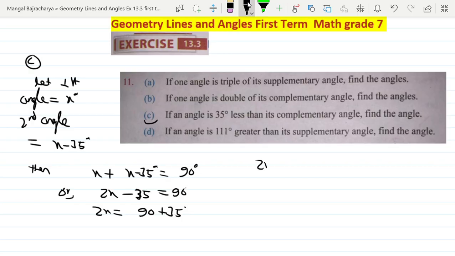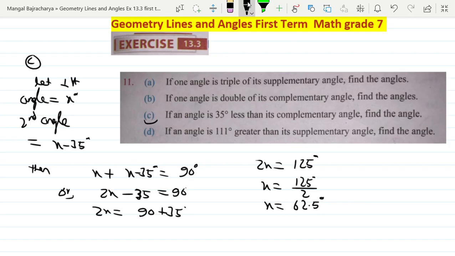So you get 2x equals 125 degrees. Then x equals 125 degrees divided by 2. 2 times 6 is 12, 2 times 2 is 4, 2 times 5 is 10, so we bring the value in decimal. The value of x is 62.5 degrees.